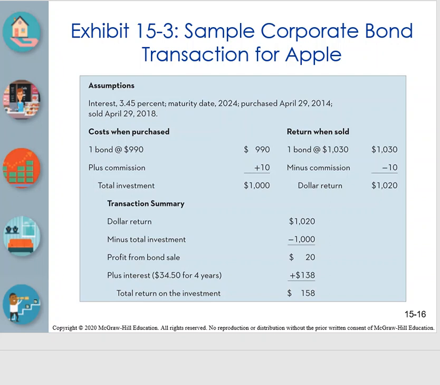So here you got $20 difference. So the dollar return was $1,020 when you sold it, $1,000 when you bought it. Profit from the sale of the bond was $20. For those 4 years, you made $34.50 of interest. So 34.50 times 4 years is $138. The total return on your investment is $158.